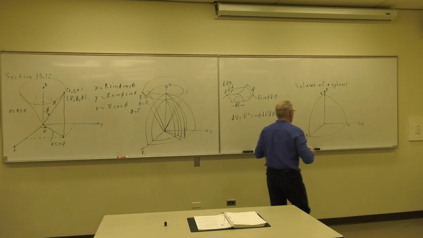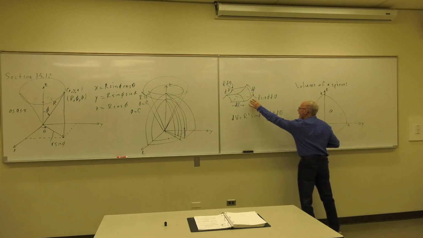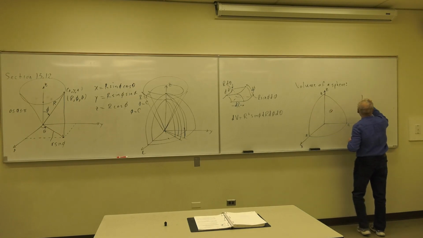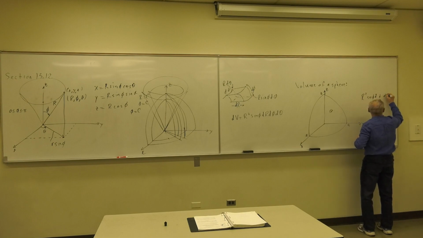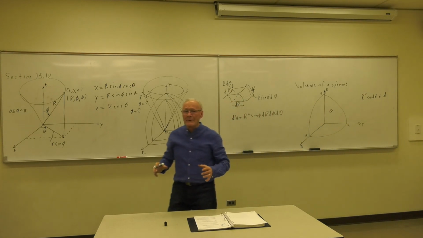So we're going to divide this volume up into these little guys in spherical coordinates. That is supposed to be one of these guys. His volume is r squared sine phi d, d, and d. Yet to be decided what order of integration I'm going to use.